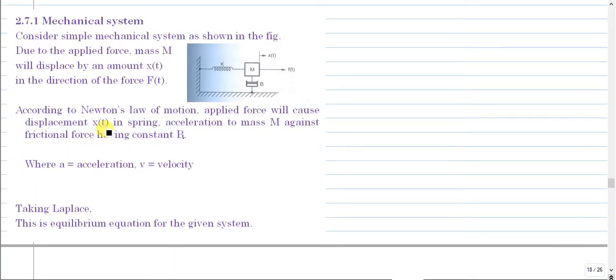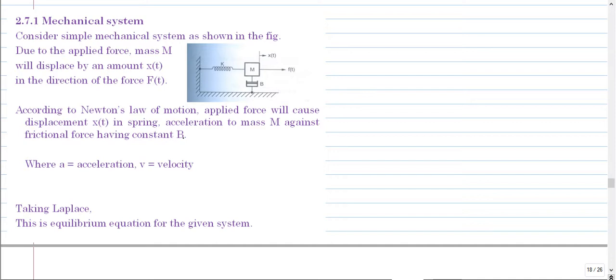Before considering it, we shall take an example of a mechanical system where we will derive its differential equation and apply the Laplace transform, and similarly we will consider an electrical system, obtain its equation, and do the comparison.